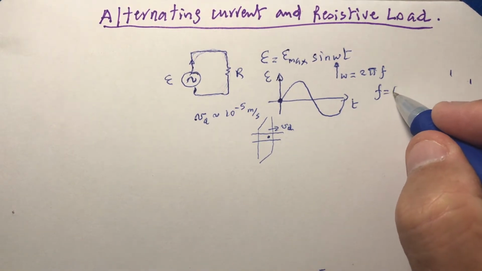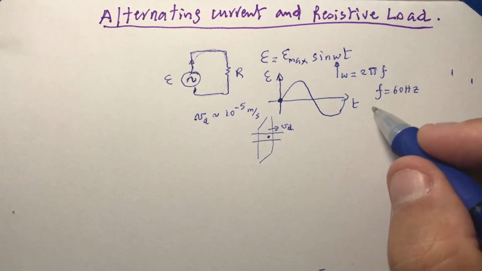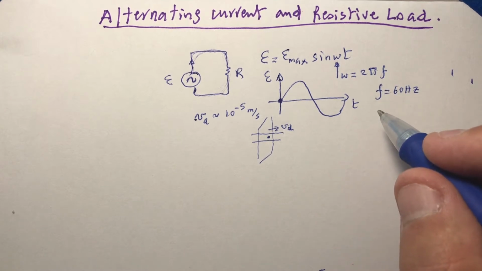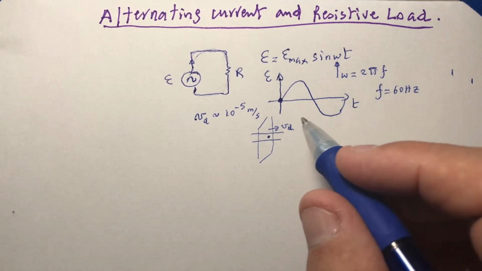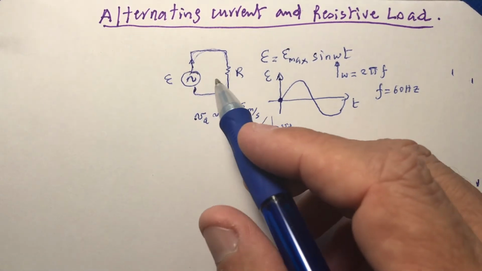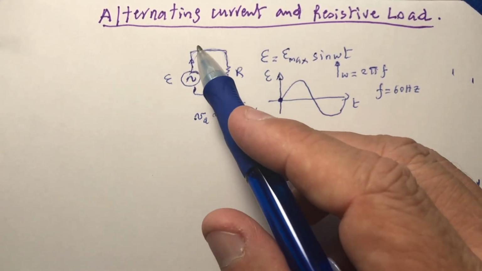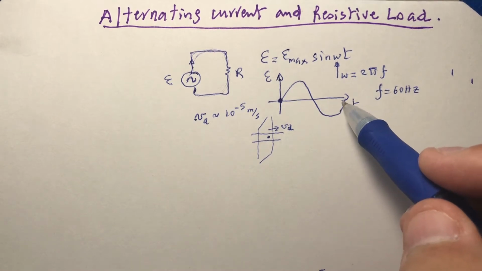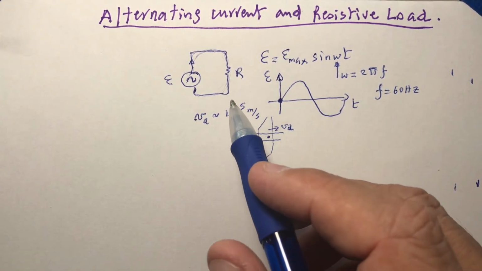It means the current goes back and forth through the light bulb 60 times a second. This current that goes back and forth is called an alternating current. It's changing, it's oscillating.